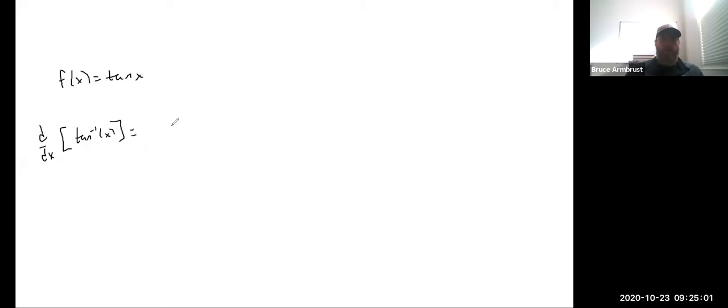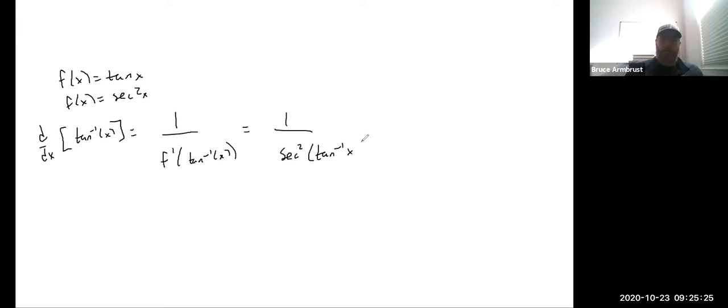That means we're going to do 1 over f prime evaluated at inverse tangent. Tangent's derivative is secant squared, so it's still going to be 1 over secant squared of inverse tangent. So I'm still doing the reciprocal. I still have 1 over.